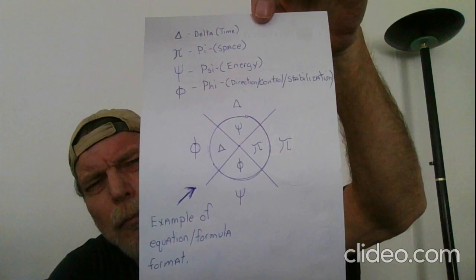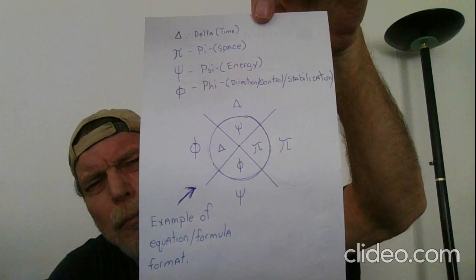And phi is direction or control or stabilization, okay, a function. These are quantum functions. And if you look at it, these are the Greek alphabet.